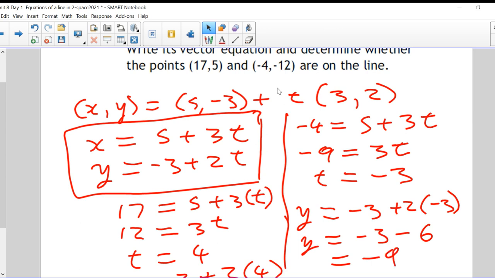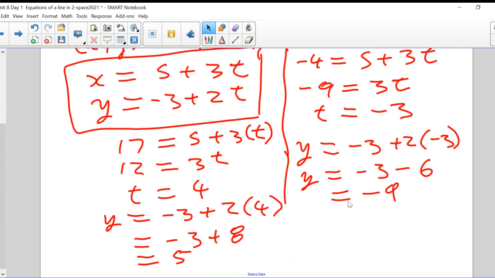So what is that telling me? (-4, 12) is not on the line, because with that same parameter t, I get different x and y values than I should get. So this is not on the line.